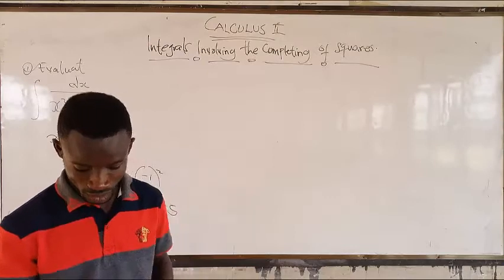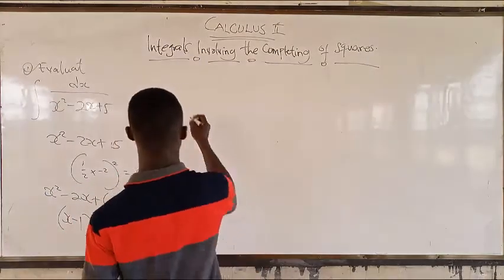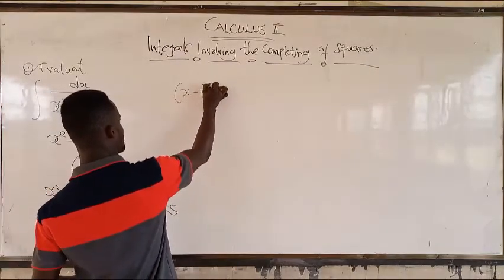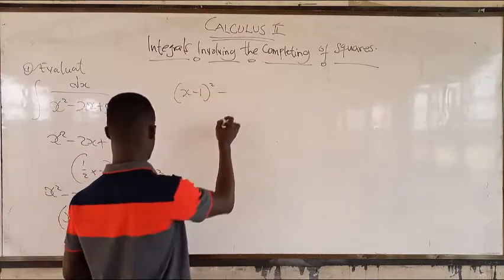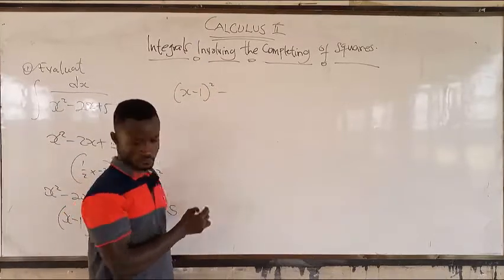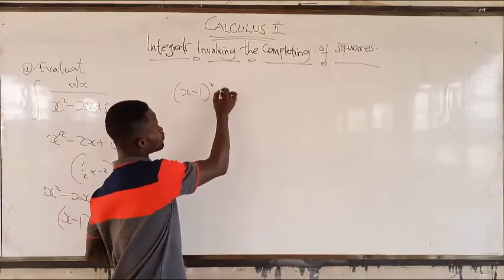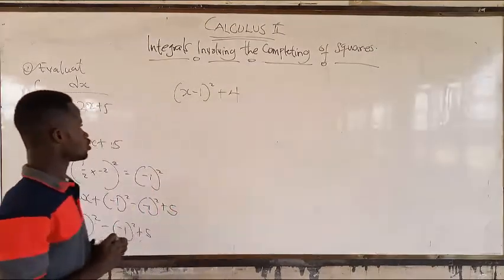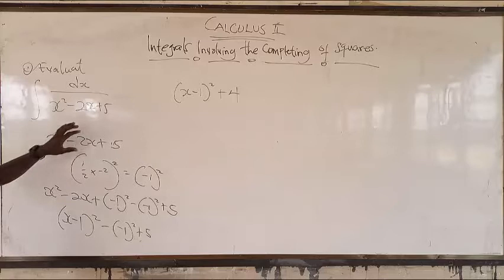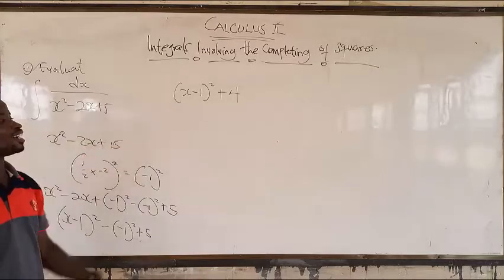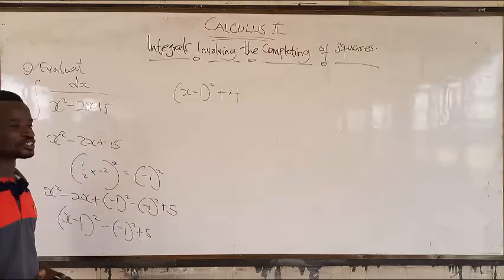And that is going to give you, sorry, plus 4. So that is going to be the completing of square of this side. Alright. So all that we are doing in the integration is not difficult.